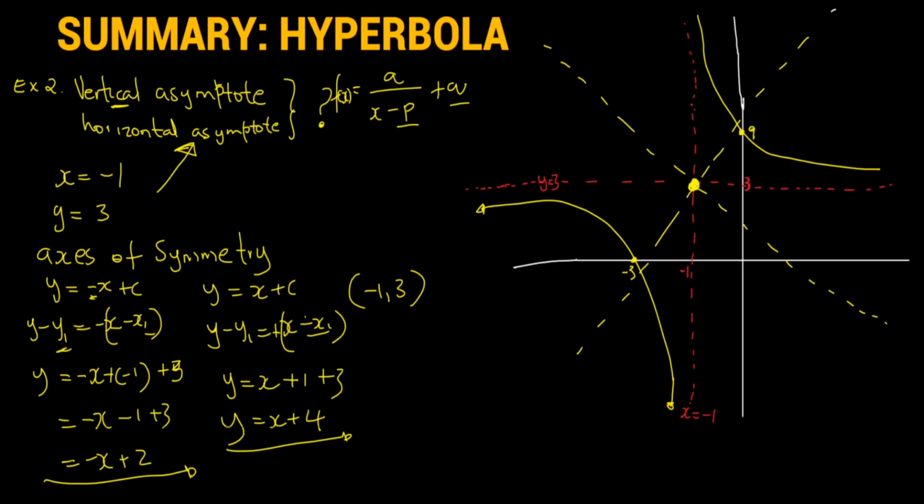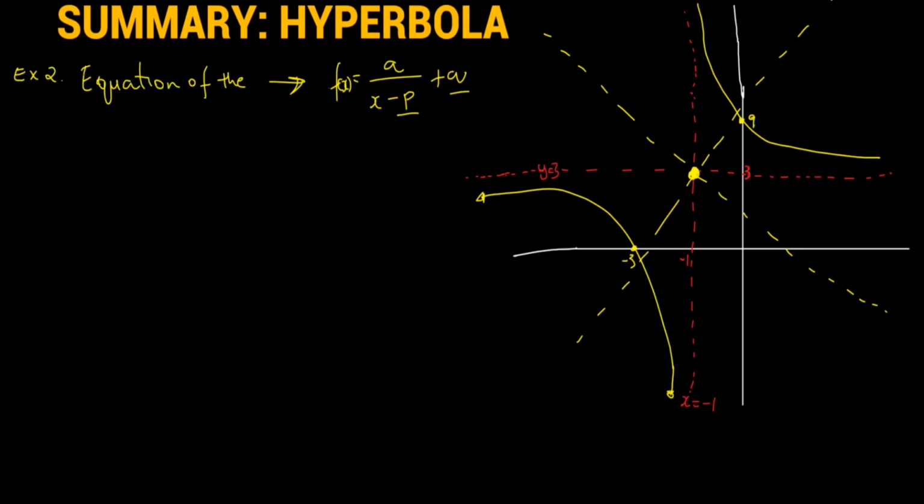So to write the equation, we can start and say, okay, we have y equal to a over x minus p plus q. You can also say x plus p plus q, depending on what they gave you. If they don't give you anything, you can use any. It will equate to the same equation.